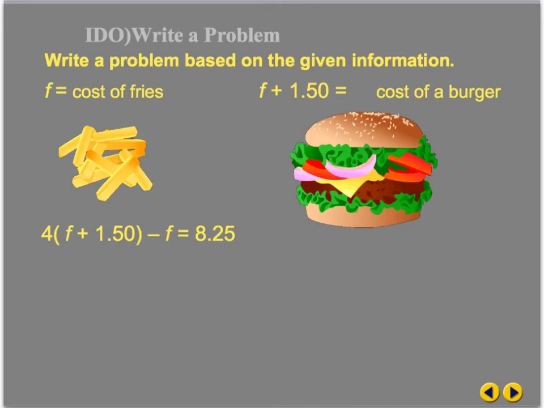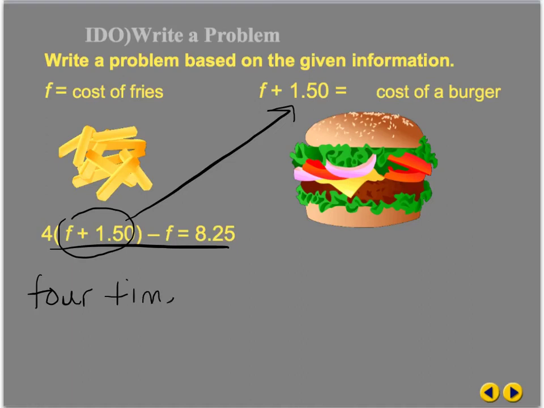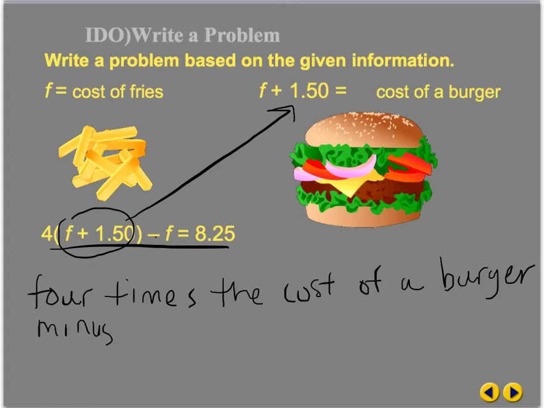Okay, in this section we want to take the equation that we have here and write it as a verbal sentence. We can look up here and see that f plus 150 stands for the cost of a burger. So let's start here: 4 times, because we're multiplying, 4 times the cost of a burger, minus f. f stands for the cost of fries.